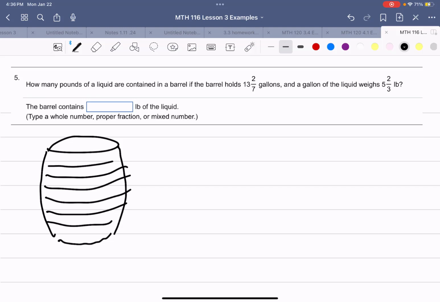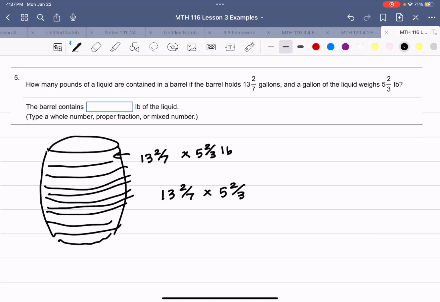Okay, there's going to be 13 and 2/7 of these layers, right? So if I were to count them, clearly I don't have that many shown here, but if they were totaled up, there'd be 13 and not a whole one on top of that. Each one of those is 5 2/3 pounds. So we need to multiply 13 and 2/7 times 5 2/3.